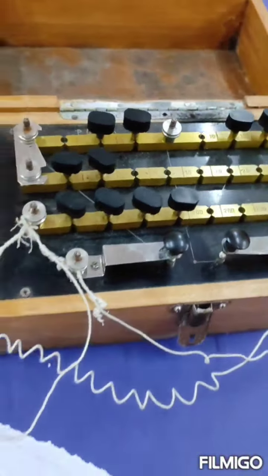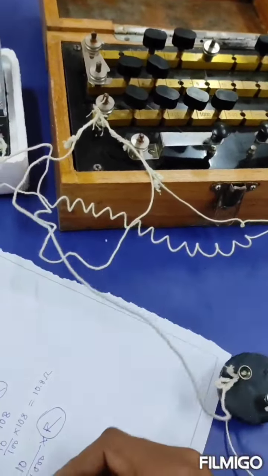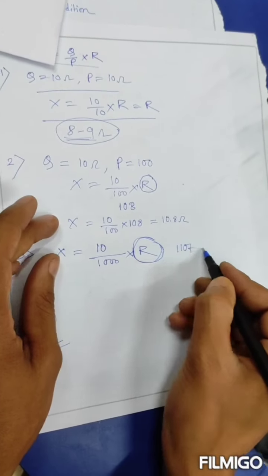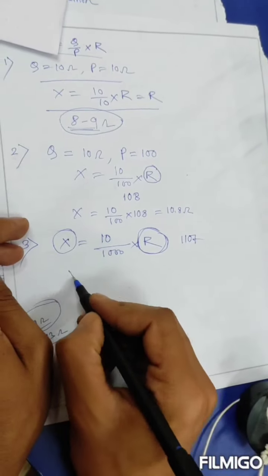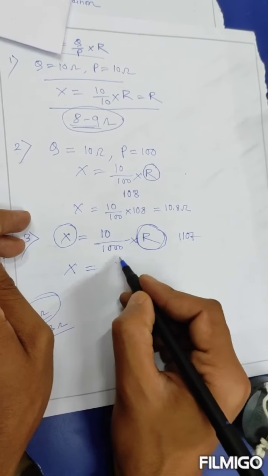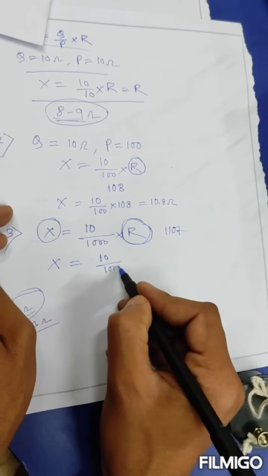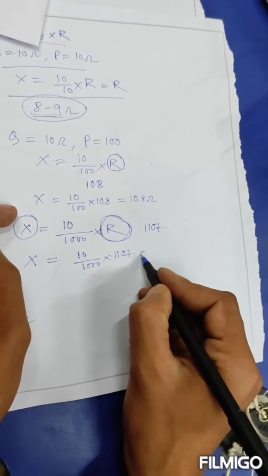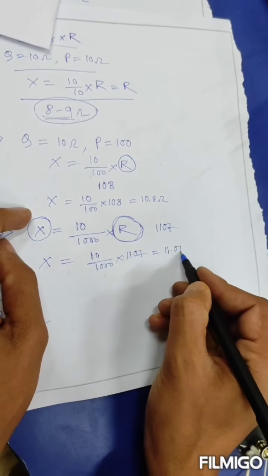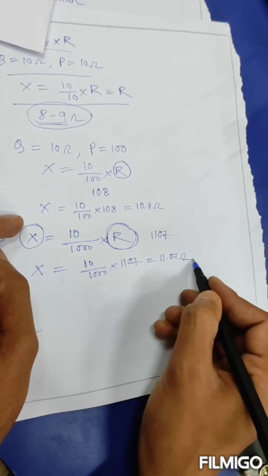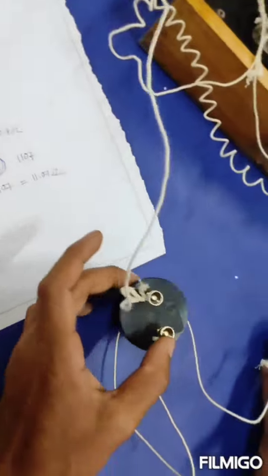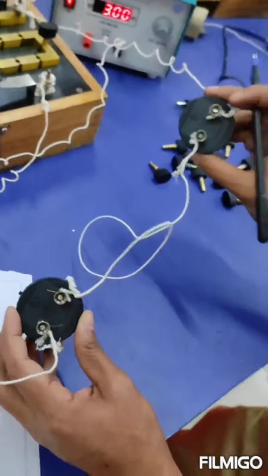So your R value is 1107. So what is your unknown resistance? The unknown resistance is 10 by 1000 into 1107. If you simplify it, it will be 11.07 ohm.